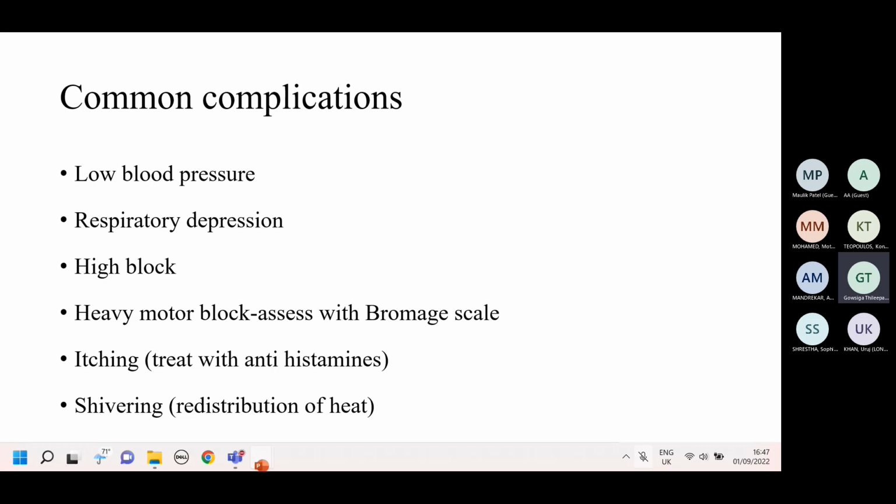There are instances that may occur, like patchy block, inadequate block, and inadequate analgesia. The patient may shout in pain even on epidural infusion.